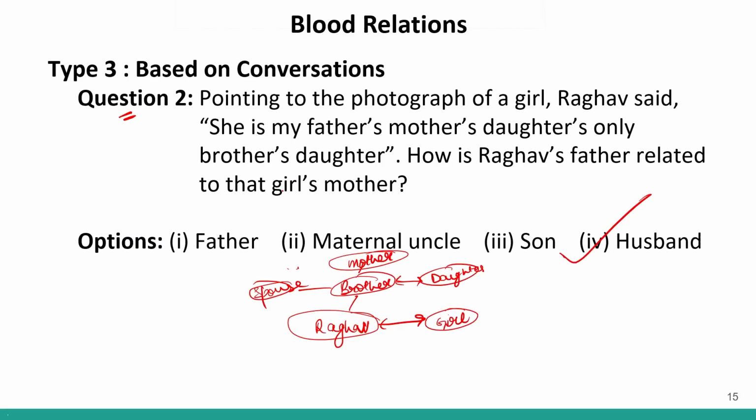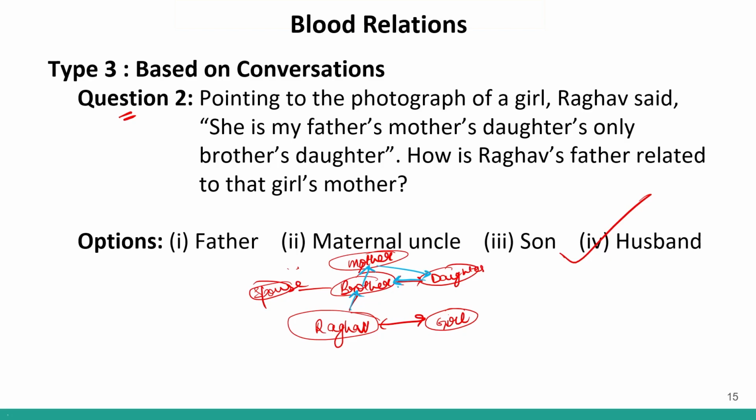Okay, so let us look at this chart. This is Raghav's father. Let me use a different pen to highlight. Raghav's father's mother's daughters, so siblings. Only brother means back to Raghav's father.